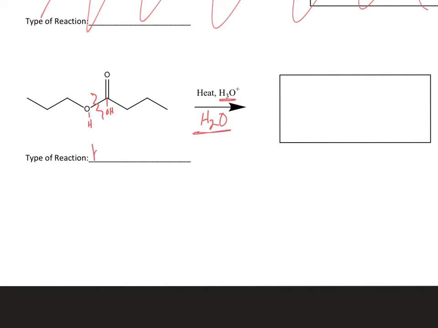So technically this is a hydration reaction. So in this case, we're going to get an OH and 2, 3, and there we go. So you can make esters and you can break esters. That's how we do those.